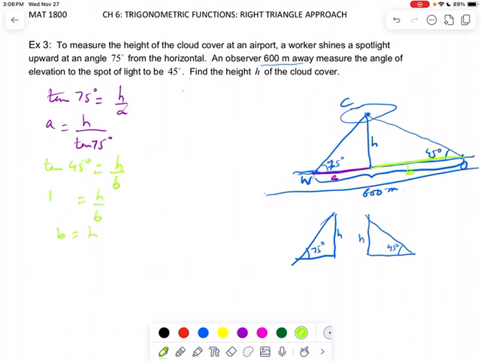Now we know that A plus B equals 600. So we can say h over tangent of 75 degrees plus h is equal to 600.